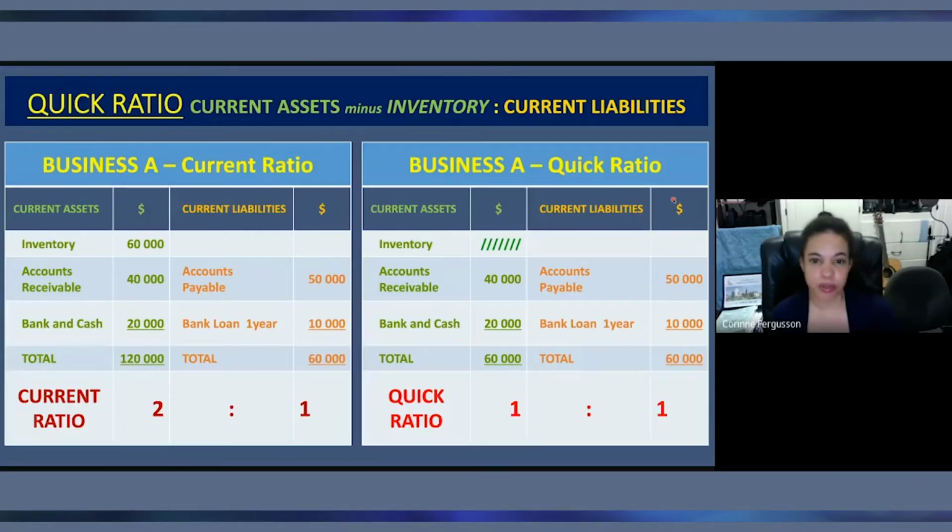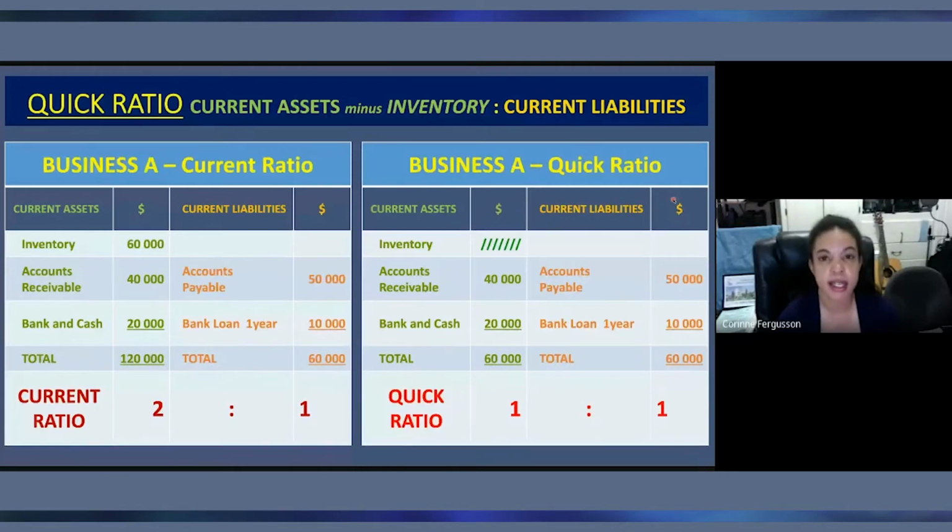What I didn't mention before is that just like you have a generally accepted, all other things being equal, current ratio, which is 2 to 1, your generally acceptable quick ratio, all other things being equal, like type of business and industry, is 1 to 1. Once you have enough quick or liquid assets to cover the current liabilities exactly, that means you have no working capital over.